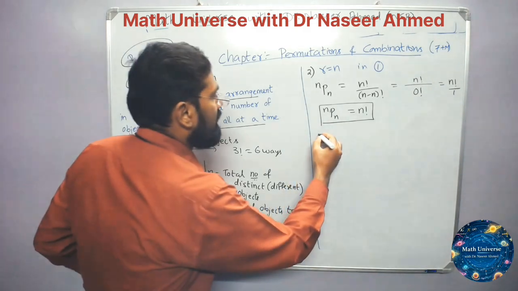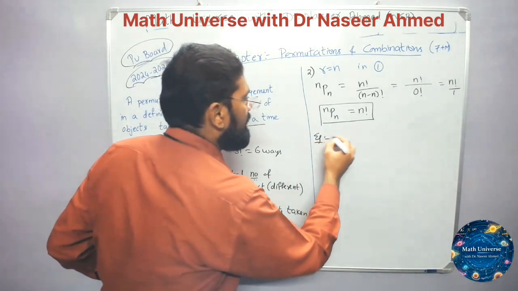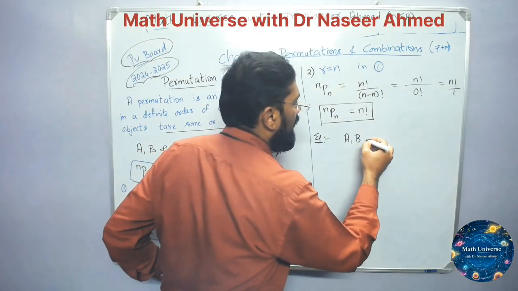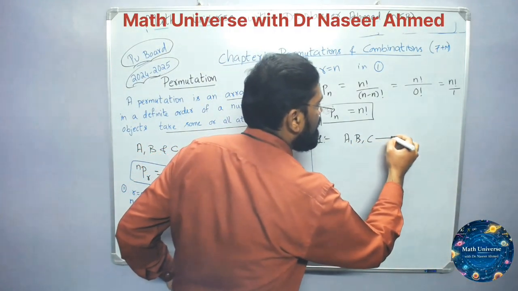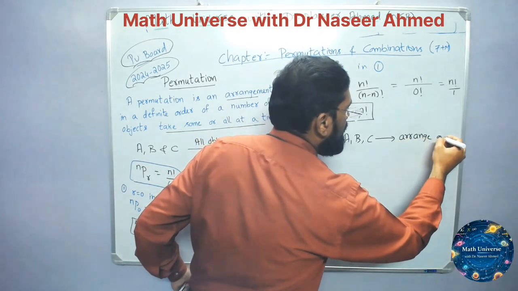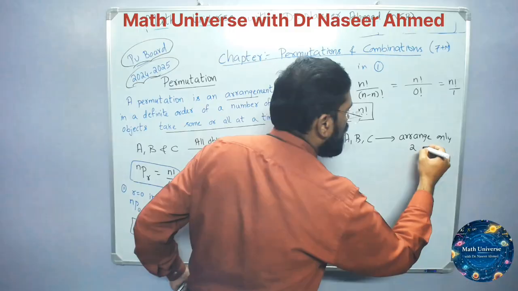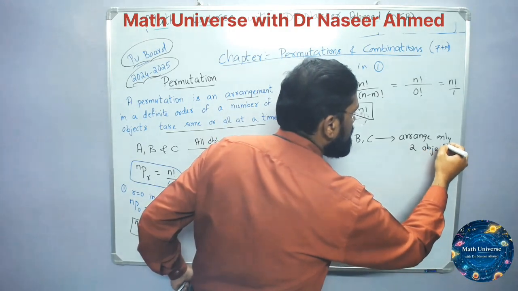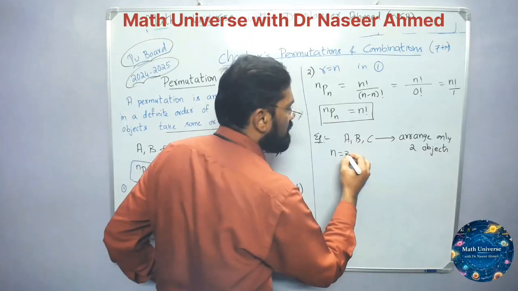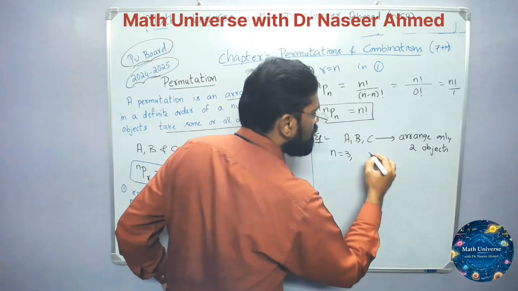One example problem from my end. Suppose I have A, B and C, and I want to arrange only 2 objects. Here you see how many objects I have: totally 3 objects. How many objects I want to arrange? 2 objects.